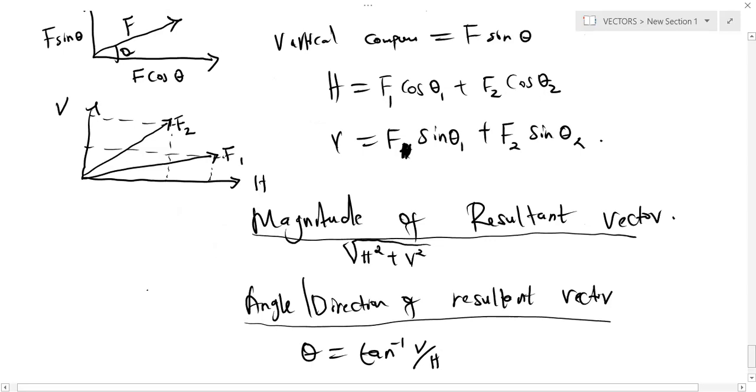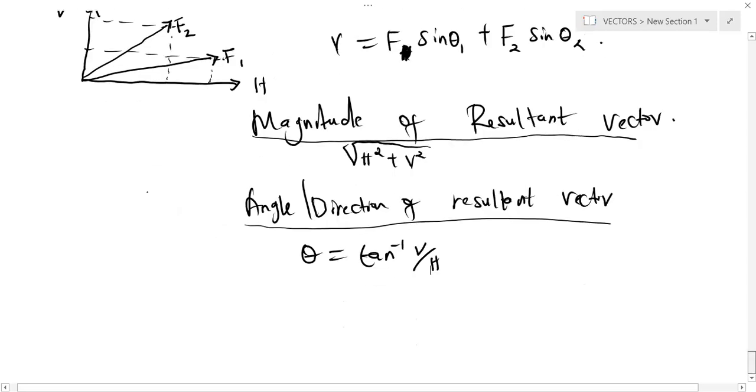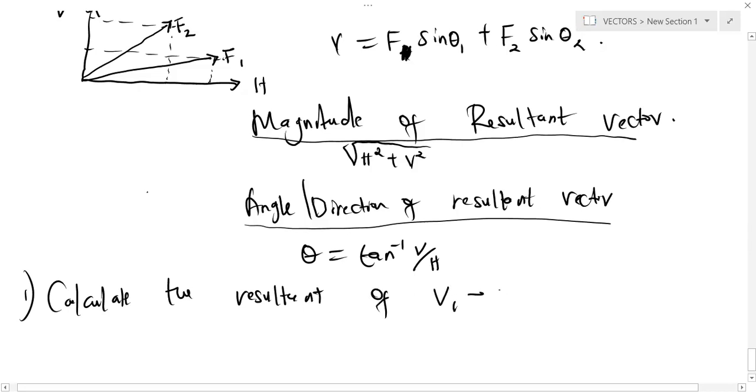Okay, let's take up an example and see how this goes. Let's say we are told to calculate the resultant of v1 minus v2 plus v3.